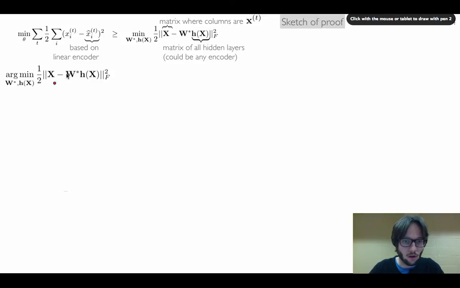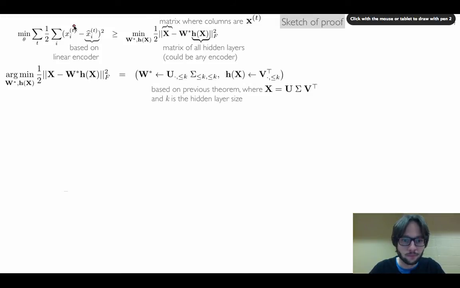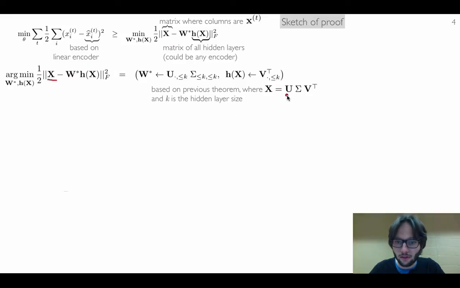Okay, so what's the result of that minimization here? From the theorem we just saw before, if we take X and consider its singular value decomposition like this, we notice that this here is a low rank matrix, and the rank of that matrix is going to be at most the number of hidden units.